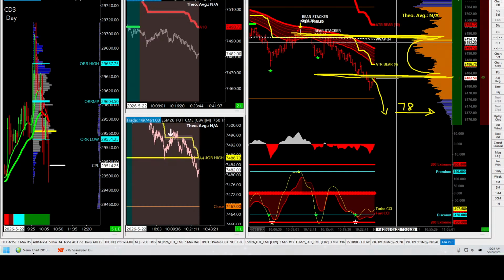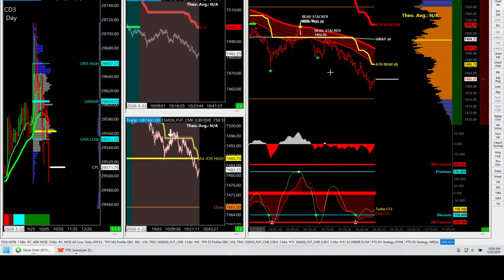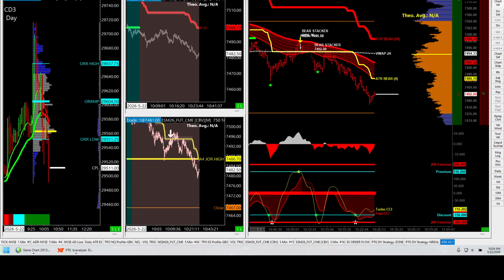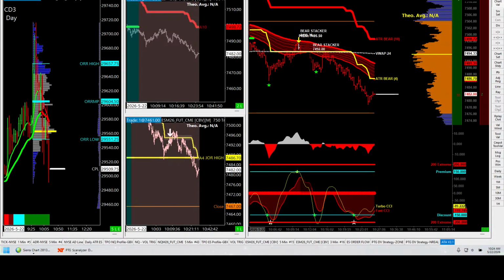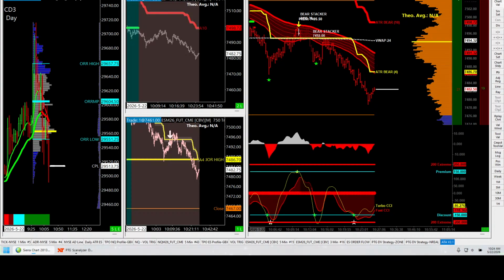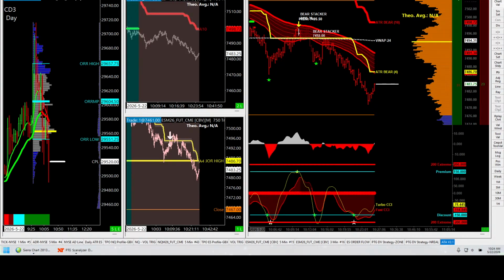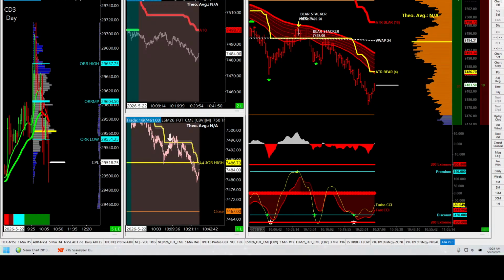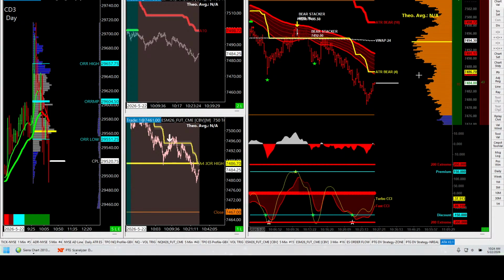It doesn't conform with the chart. All right, so 78s. So that was the outline. Let's see what happens from this point on.